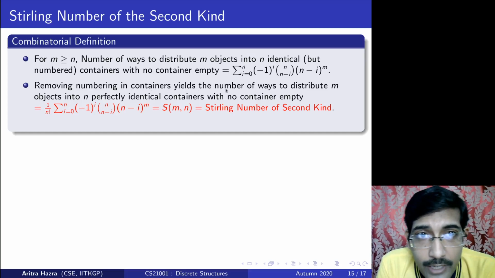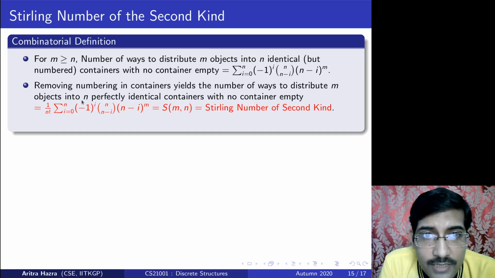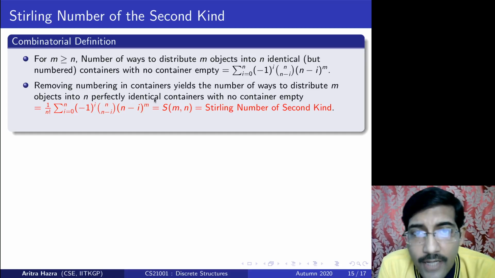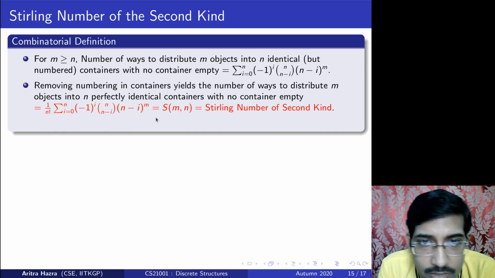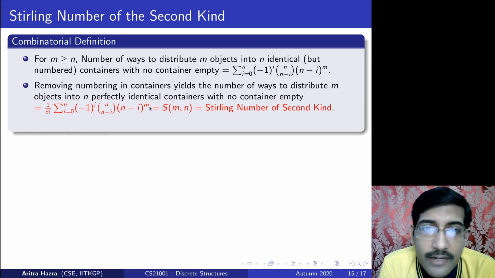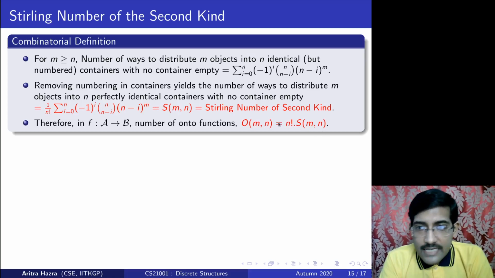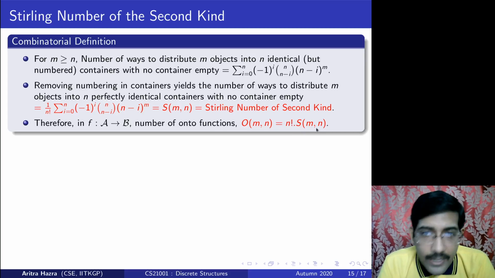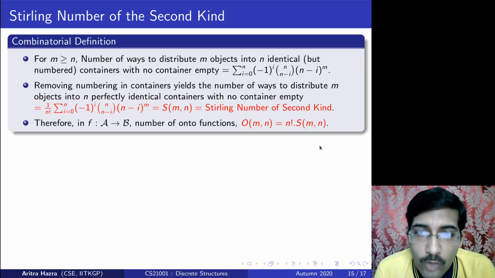But in the combinatorial definition, if we just distribute m objects into n perfectly identical unnumbered containers, then I need to just have this 1 by n factorial. So this number is called a Stirling number of the second kind. Therefore the number of onto functions we have just seen will be n factorial times the Stirling number of the second kind. The n factorial comes from the fact that we are numbering the bins where we want to put our balls.